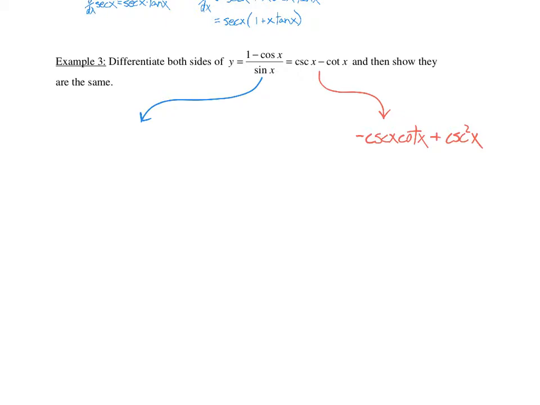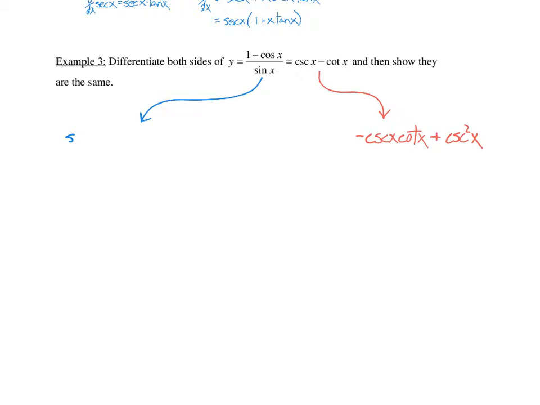Yes. Okay. All right, so then we have here (1 minus cosine x) over sine x. How are we going to have to find the derivative of this? Quotient rule, there we go. All right, so low d high minus high d low over low squared.